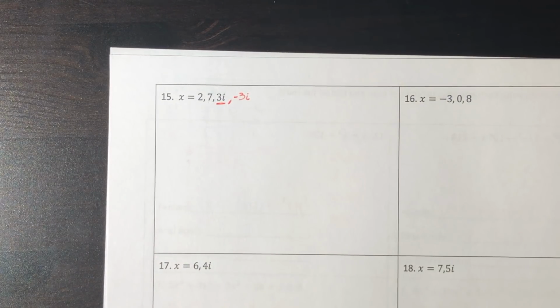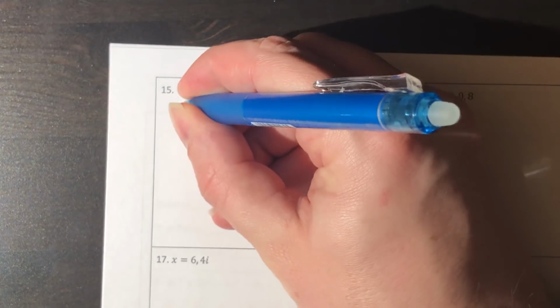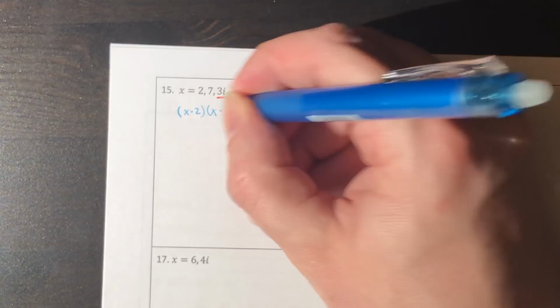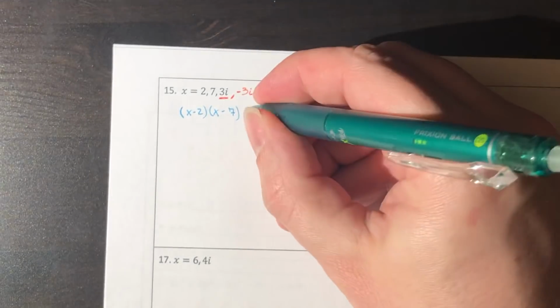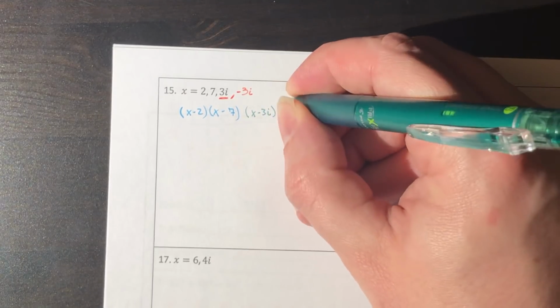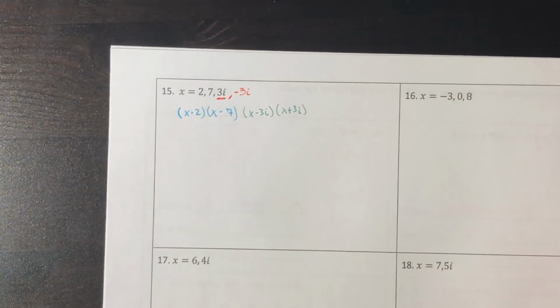So if these are the zeros, to get it to standard form, you need to start in factored form. So you've got x minus 2, x minus 7. You have x minus 3i and x plus 3i.